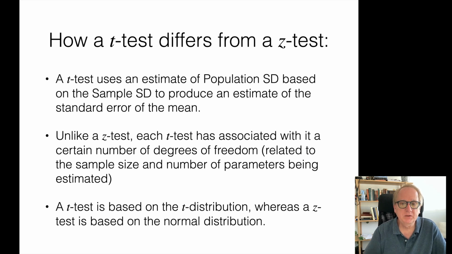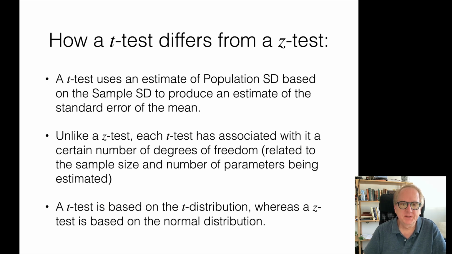We have this new distribution to introduce today that's going to have a slightly different shape based on the number of parameters that are being estimated. And in this calculation of the parameters, we'll get something called degrees of freedom that I'll talk about in more detail in a moment. The degrees of freedom are then used when we're looking at our t-distribution to figure out where our cutoffs are and that kind of thing.